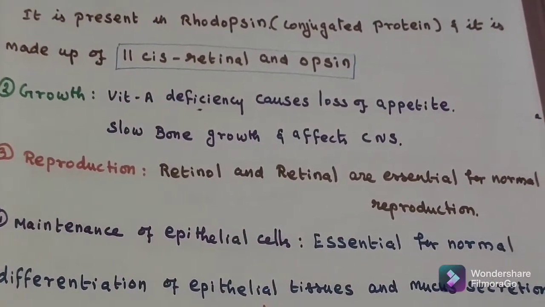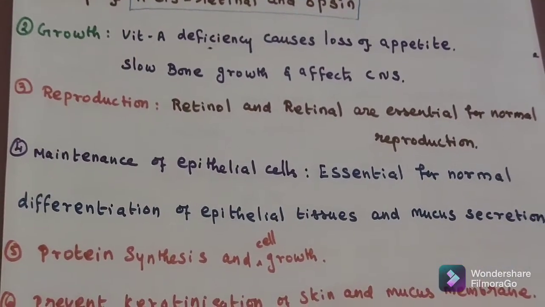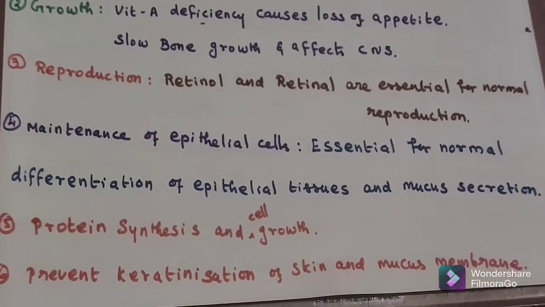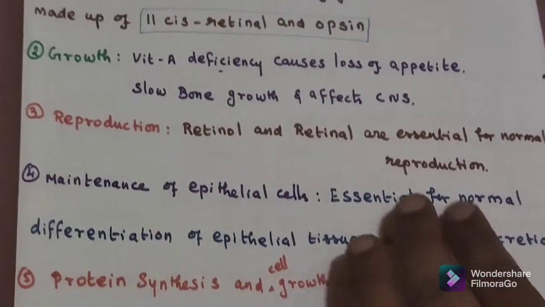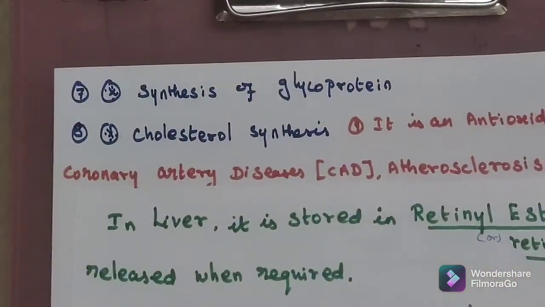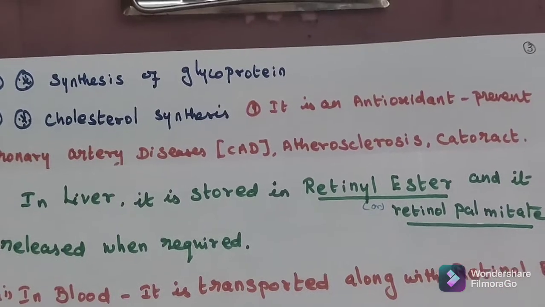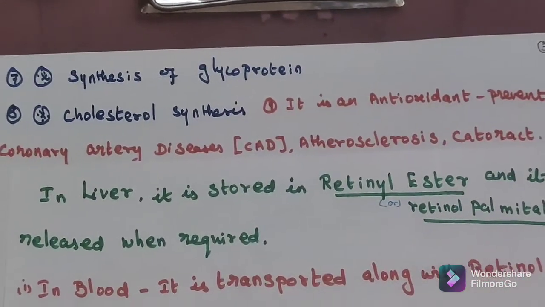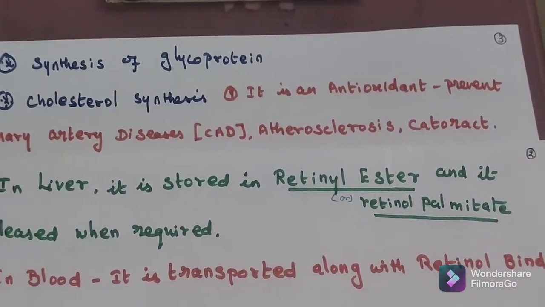Then maintenance of epithelial cells; it is involved in protein synthesis and cell growth, and it prevents keratinization of skin and mucous membrane. Then it is important in synthesis of glycoprotein and cholesterol synthesis. One more function, it acts as an antioxidant. It prevents coronary artery disease, atherosclerosis and cataract.